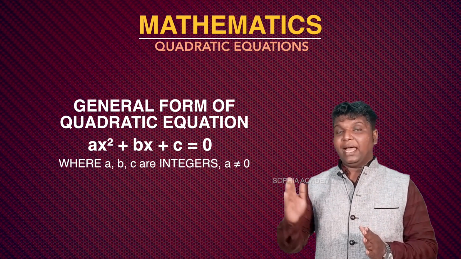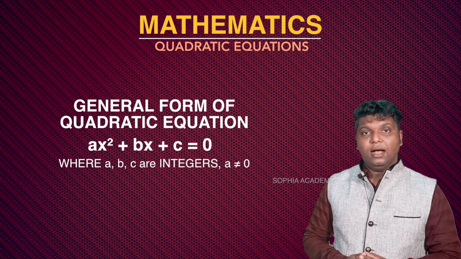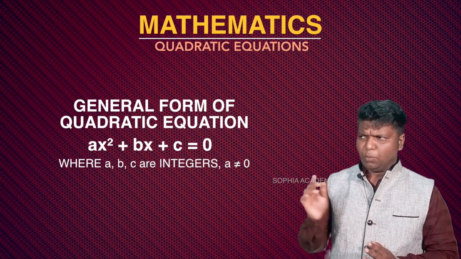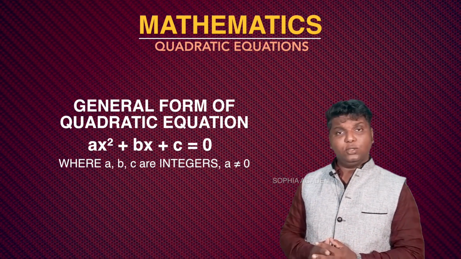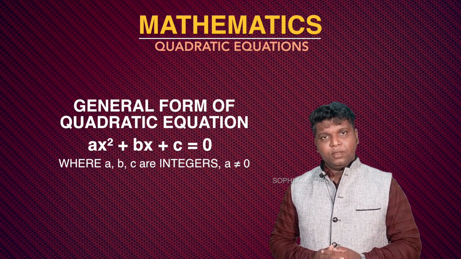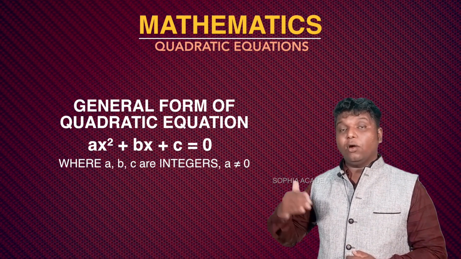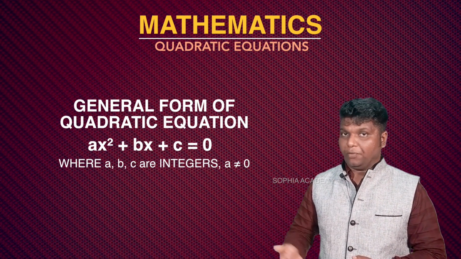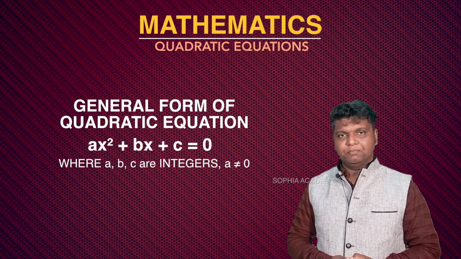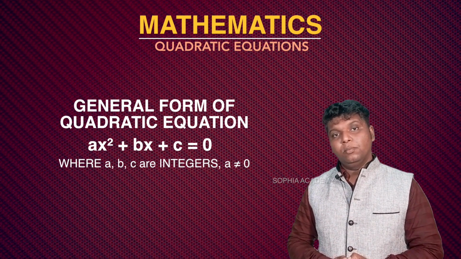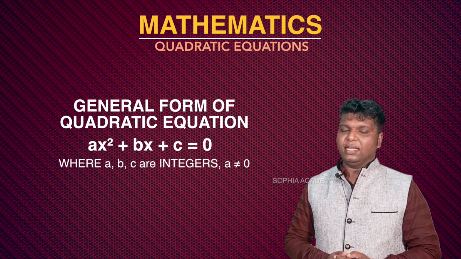Small letters a, b and c are integers. a is the coefficient of x square, b is the coefficient of x and c is the constant term. That is the standard form of a quadratic equation.